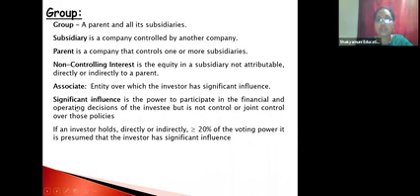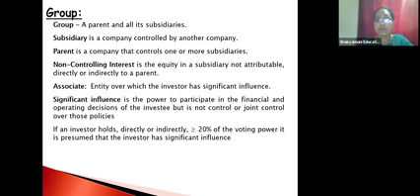Next, so far we have learned about parent and subsidiary. There is also another concept called associate. What is an associate? I'll give an example.